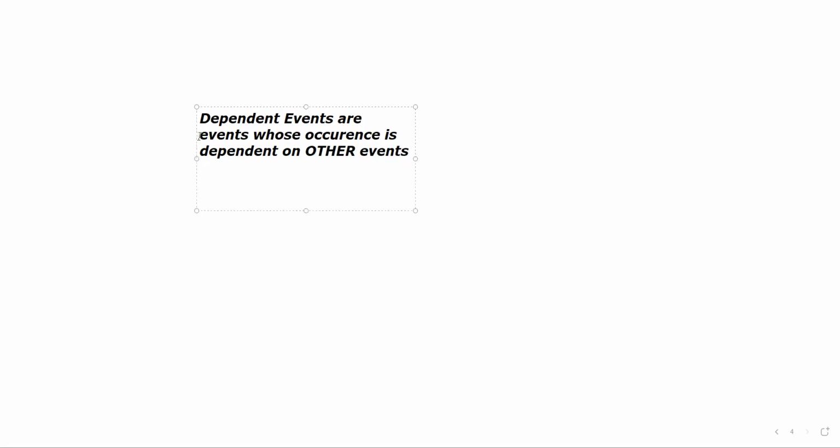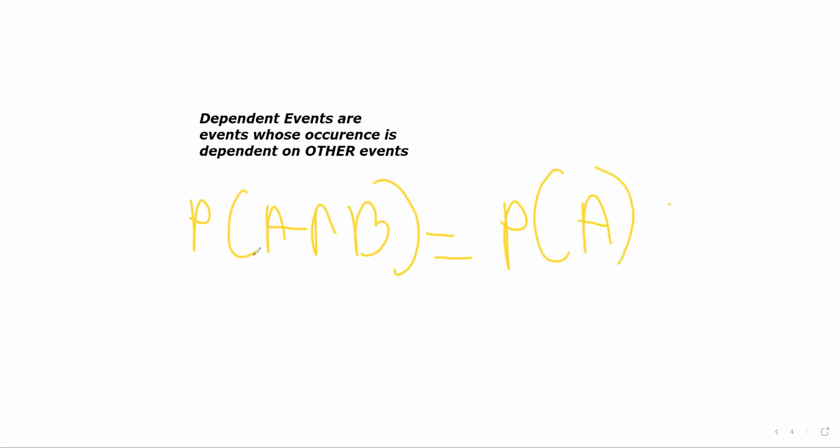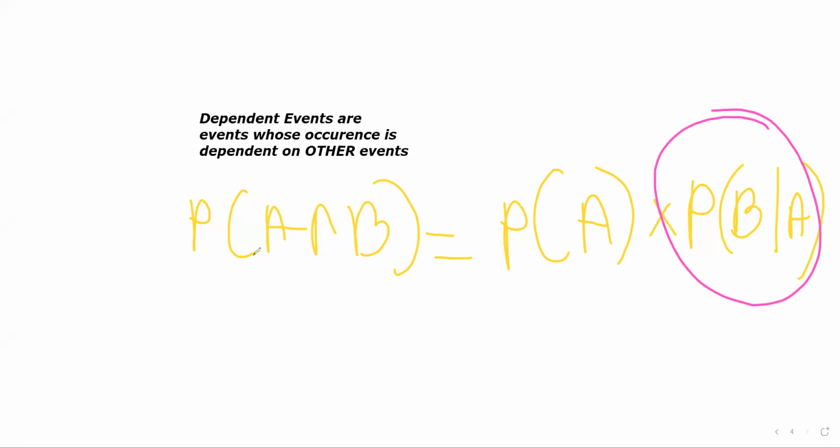Okay, and also probability of A intersection B is equal to probability of A into probability of B given A. So this is where the concept of conditional probability comes. All right, so we will try to understand what conditional probability is.